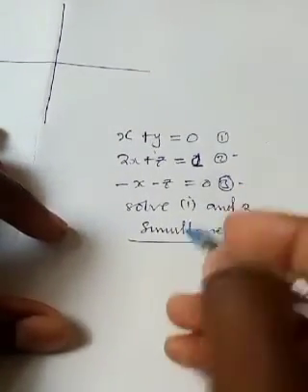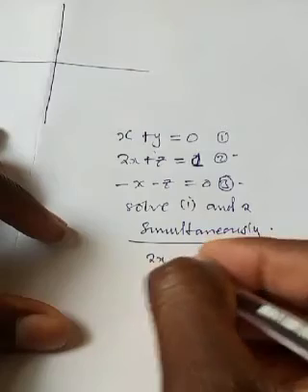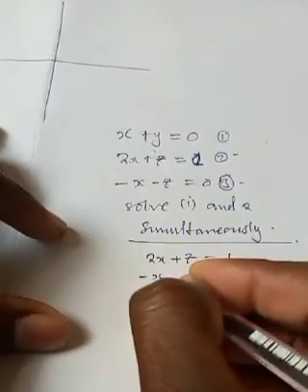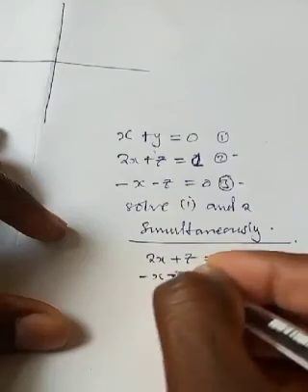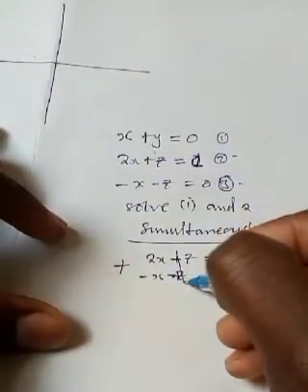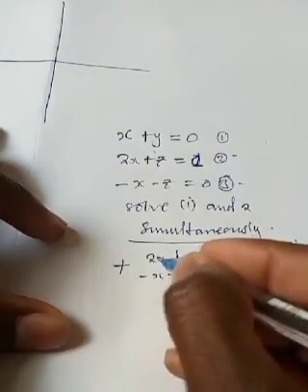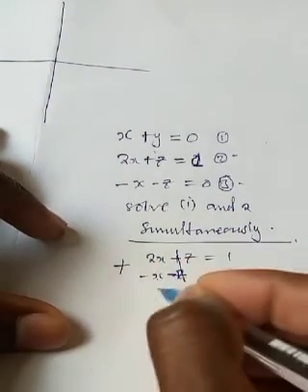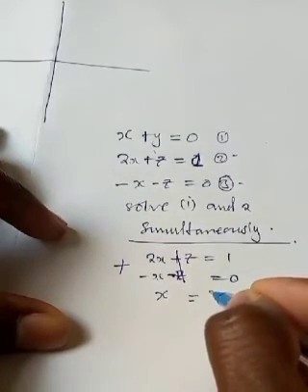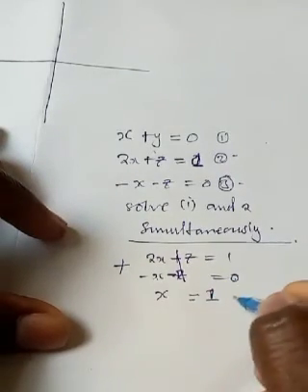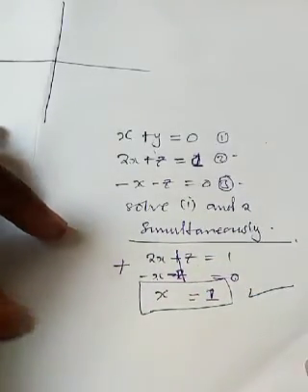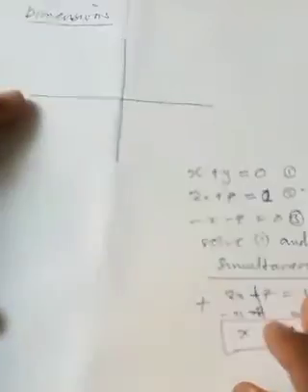So we're going to have 2x plus z equal to 1, negative x minus z equal to 0. We can just add directly, and then these two, they're going to cancel out. So 2x plus negative x, we're going to have x equal to this plus that one, to get 1. It means that the value of x in this case has to be 1. You proceed to the next.